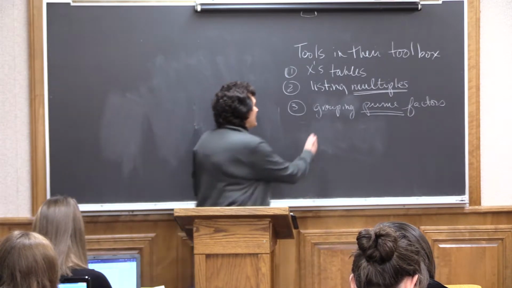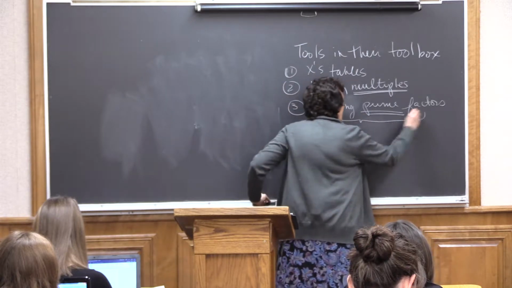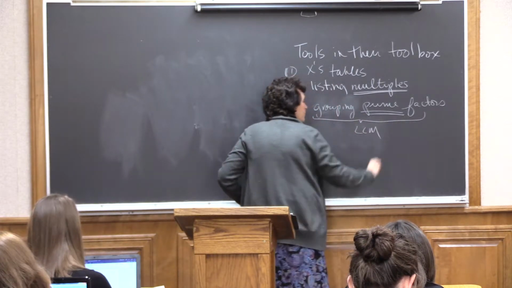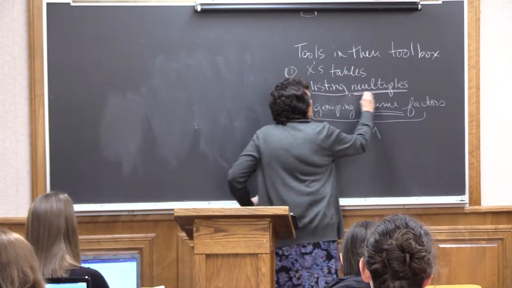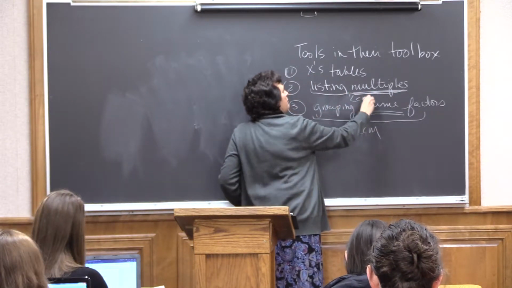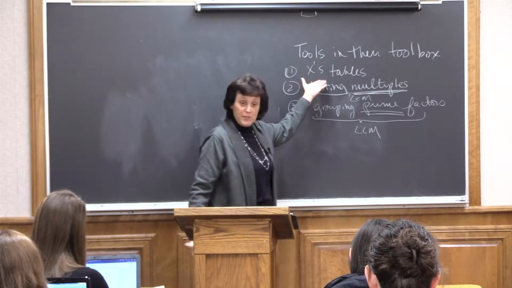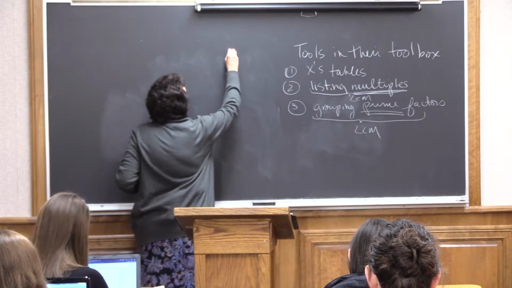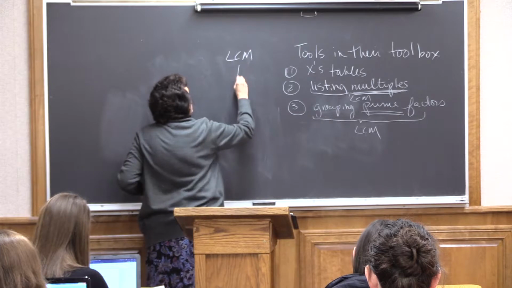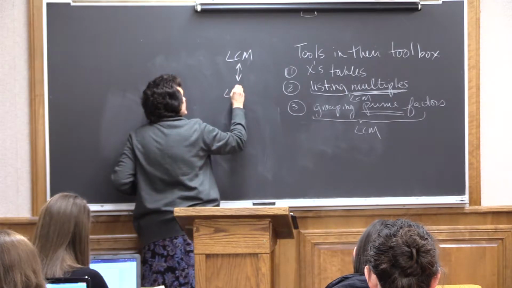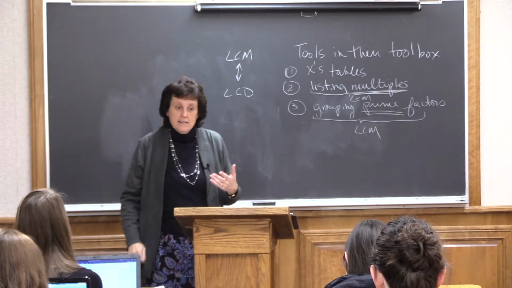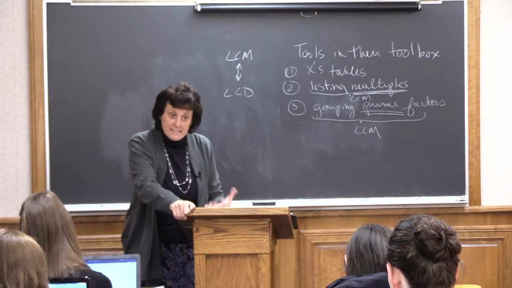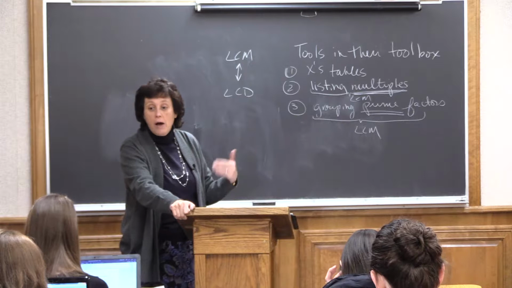This is a technique that is used to find least common multiple. Remember, least common multiple is least common denominator. Least common multiple is the actual what it is. Least common denominator is how it's used.